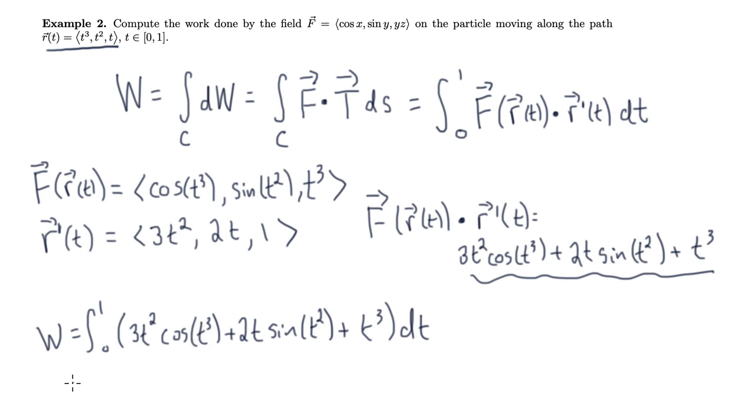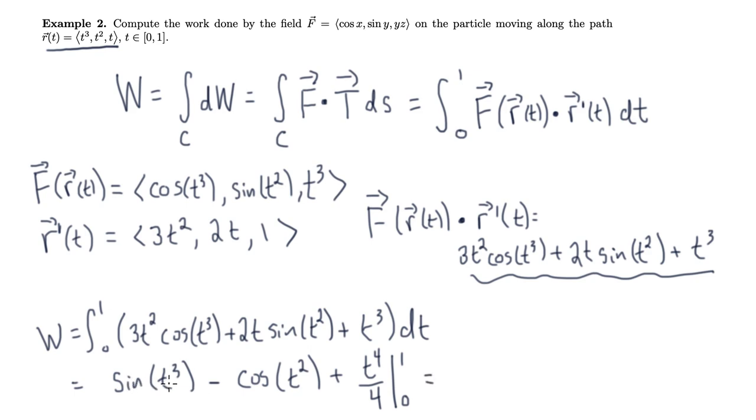So the antiderivative of 3t squared cosine t cubed is just sine of t cubed. And similarly, an antiderivative here is just negative cosine t squared. Just take the derivative. It's set up nicely to use substitution. And then an antiderivative here is t to the 4th over 4. And we're evaluating this from 0 to 1.